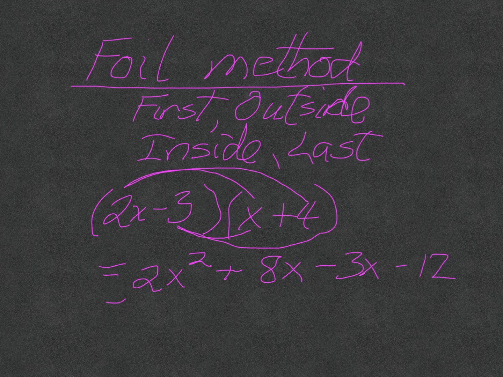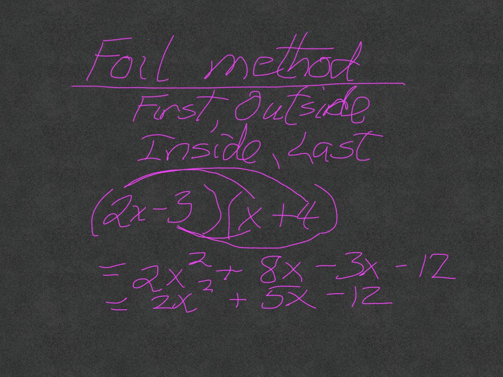At this point, all we have to do is collect like terms. 2x squared, and then 8x minus 3x are the only like terms, so that's 5x, minus 12. And so this becomes an efficient way to do the distributive property.